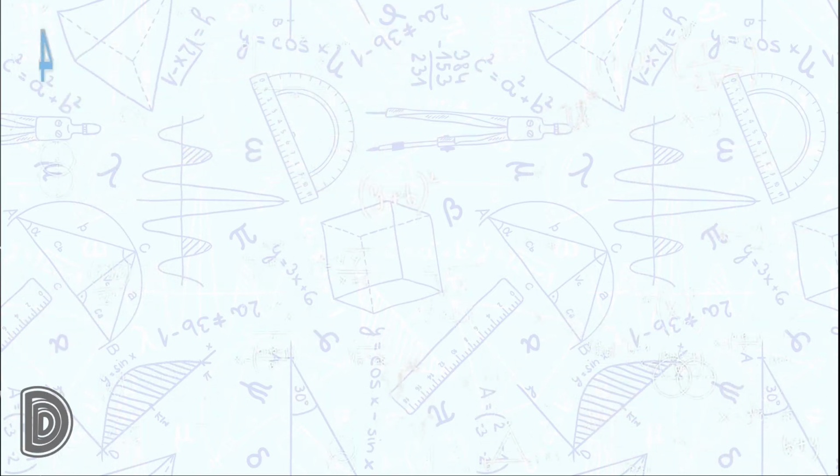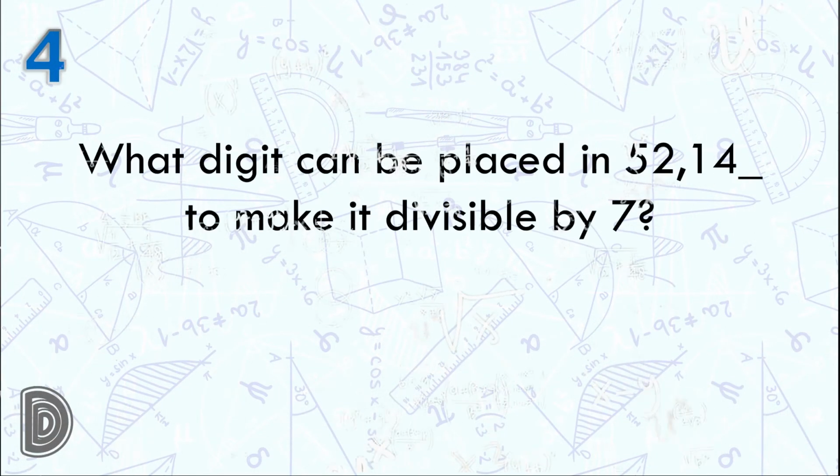Question number 4. What digit can be placed in 52,140 blank to make it divisible by 7?